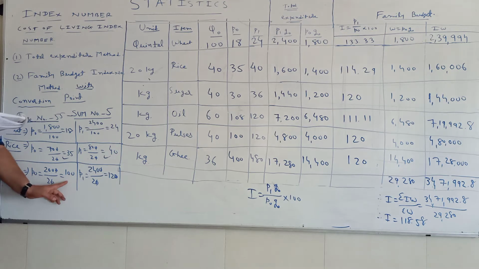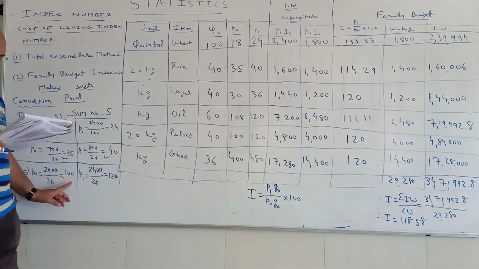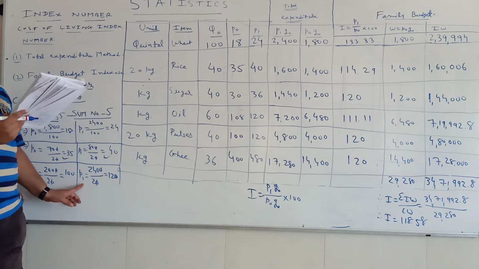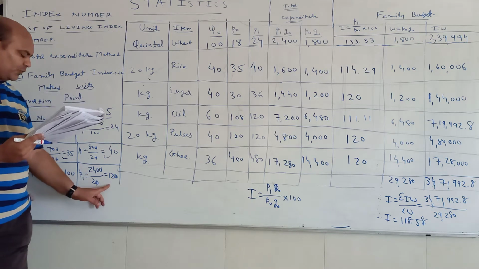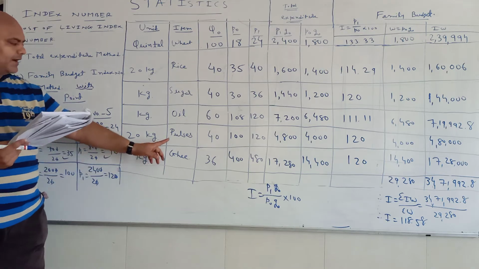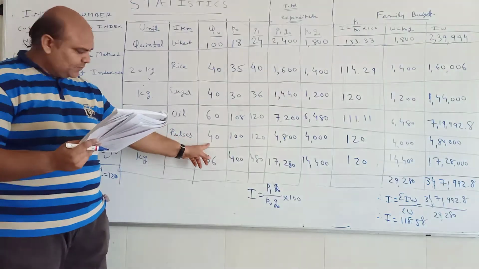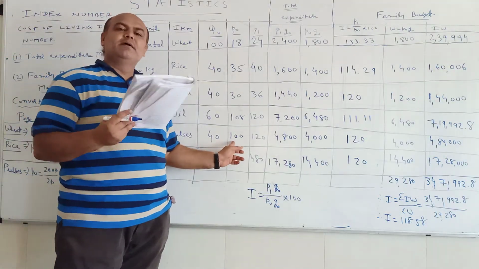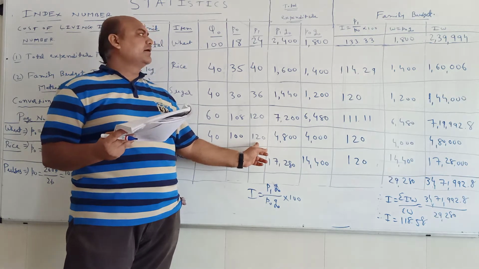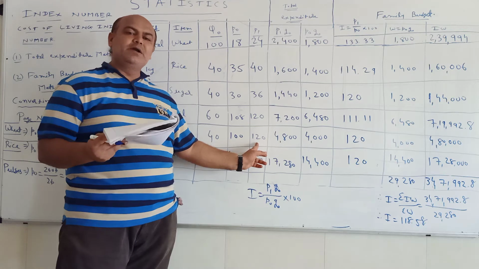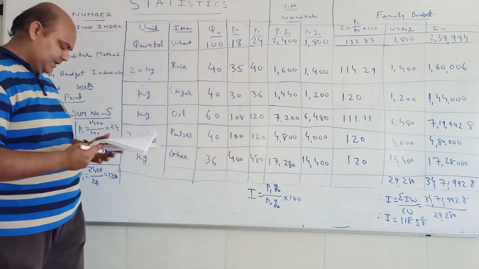So new price for base year is 100 and the current year price 2400 given in the question divided by 20, so 120. Here in pulses we put quantity 40, our converted base year price that is 100 and our current year converted price 120.